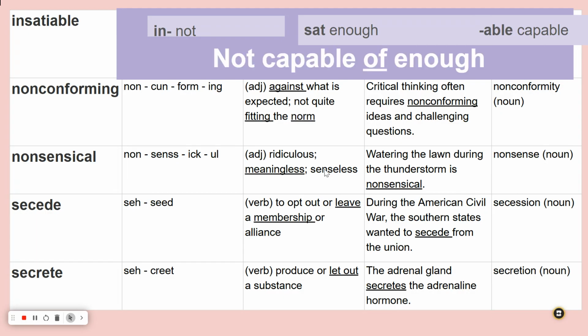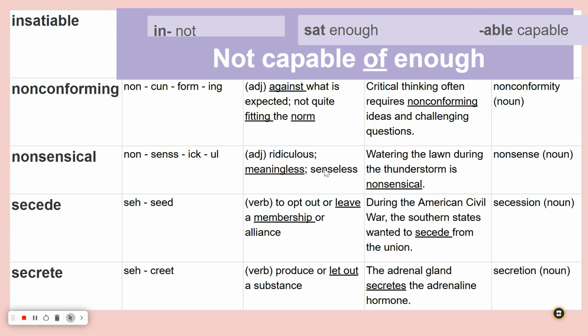So I did put not capable, but I added the word of, not capable of enough, as opposed to not capable enough, meaning, oh, that person or that thing is weak or it's not able to do something, with an emphasis on being less than or being weak or being incapable.